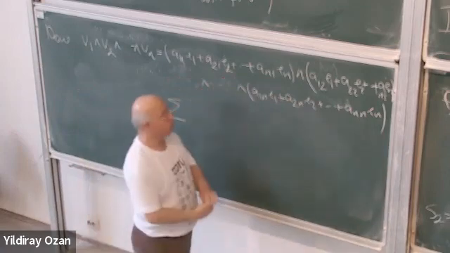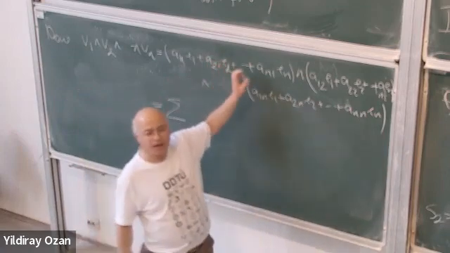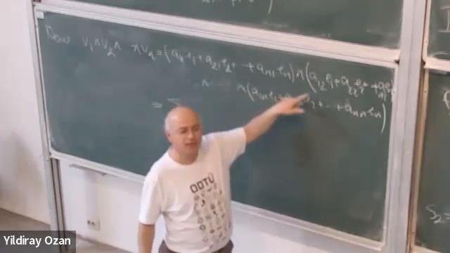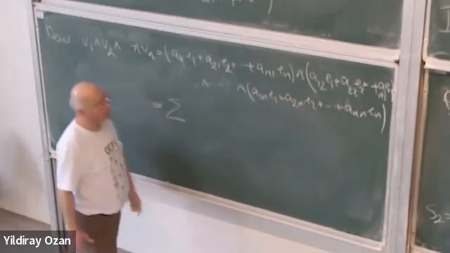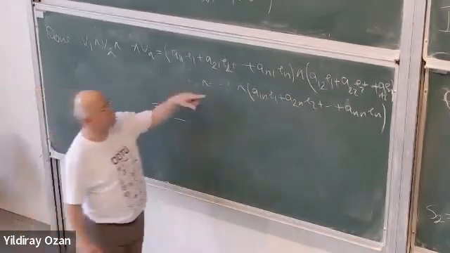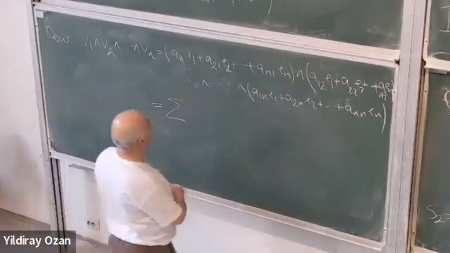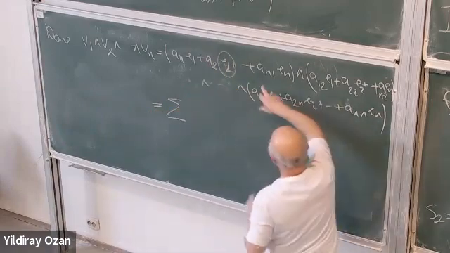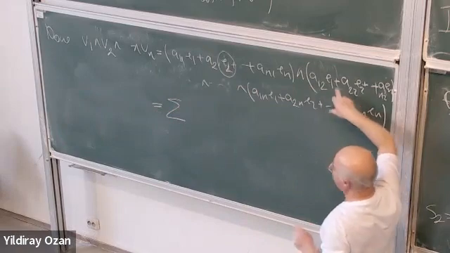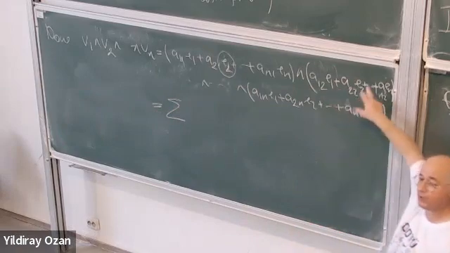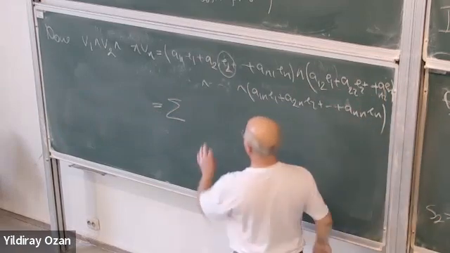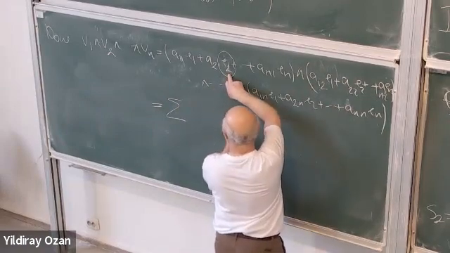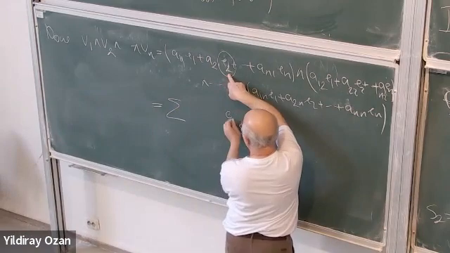Therefore, from each parenthesis, I have to pick only one Ei, and it shouldn't be the same as the ones I have chosen from the other parentheses. So if I, for example, choose the second element here, I shouldn't choose the second element elsewhere. I have to choose the first one or the third one and so on. So what you get is something like this. I'll choose some elements here. I can write it as a permutation.